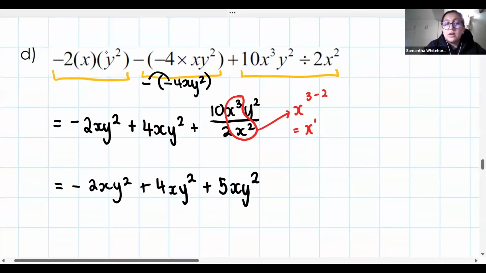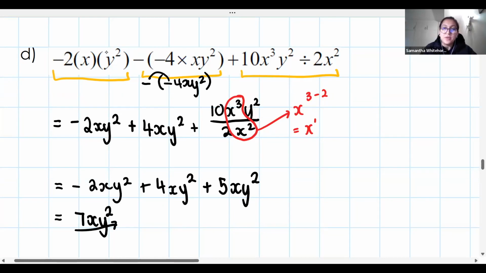Now, all of these are like terms because they all have xy squared. So negative 2xy squared plus 4xy squared, tongue twister here, is 2xy squared, plus 5xy squared is 7xy squared. And we've simplified our expression.